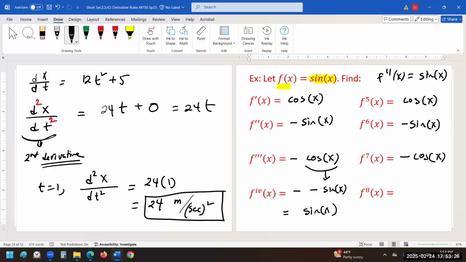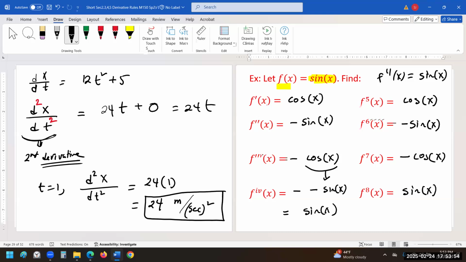And lastly, what's the eighth derivative? Sine function again. So it is true. After every 4 iterations, the sine function becomes sine again. And what do you observe about the power of the derivative? Which derivative gives us the same function back? The fourth derivative, the eighth derivative.